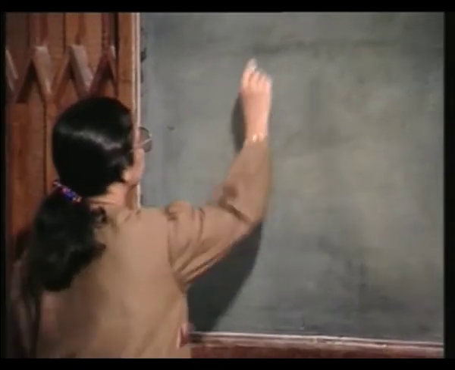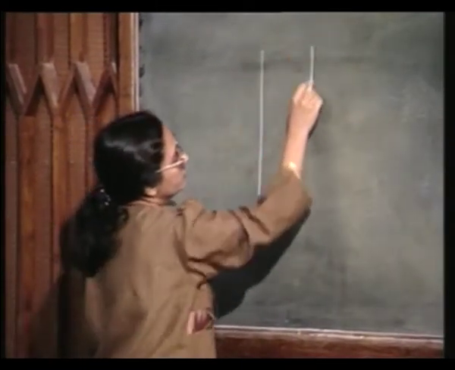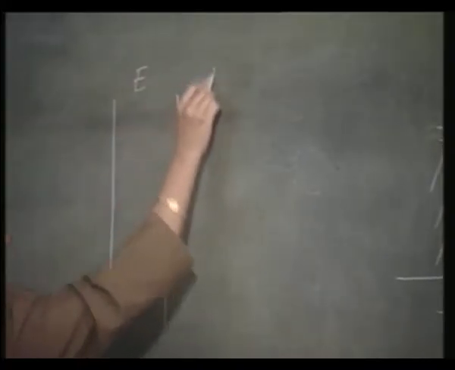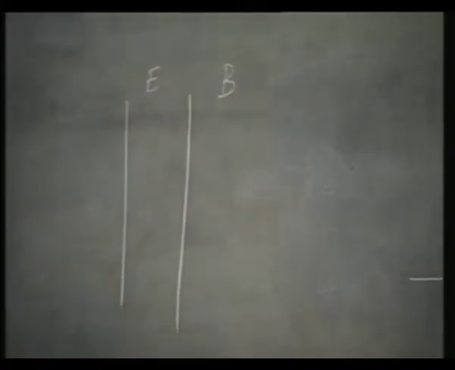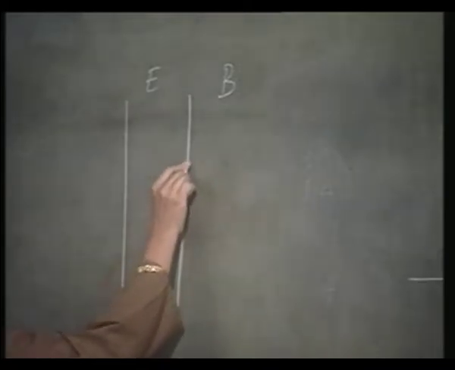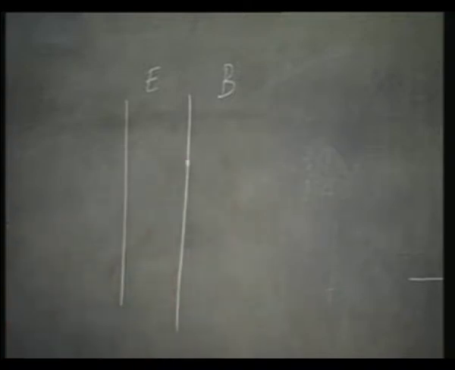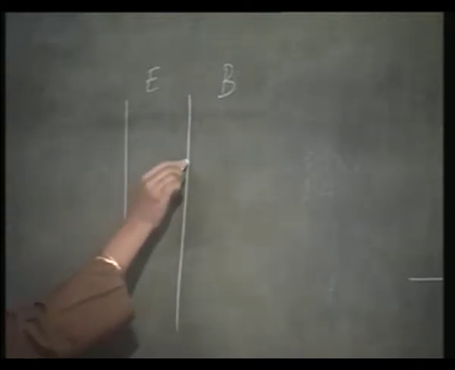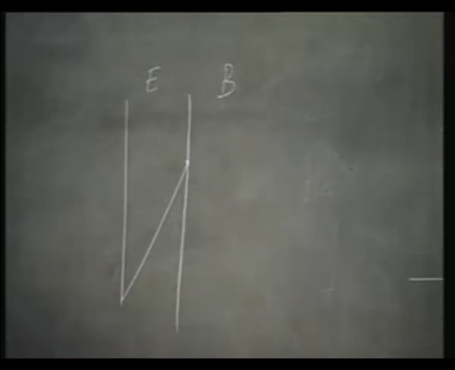Suppose I have the emitter and the base, and here I have a certain P concentration, then it must fall to 0, and it is almost a linear fall, and the slope of this line determines the gain of the transistor.